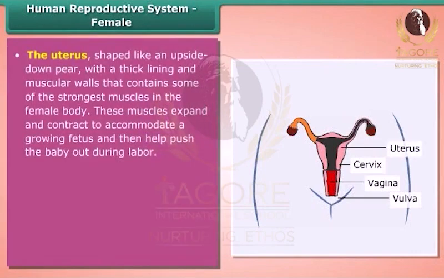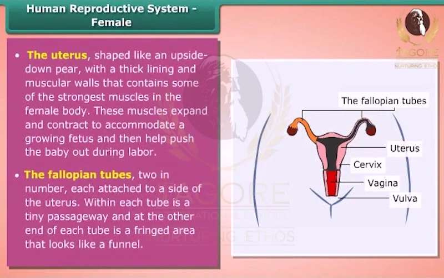The uterus, shaped like an upside-down pear, has a thick lining and muscular walls that contain some of the strongest muscles in the female body. These muscles expand and contract to accommodate a growing fetus and then help push the baby out during labor. The fallopian tubes, two in number, are each attached to a side of the uterus.